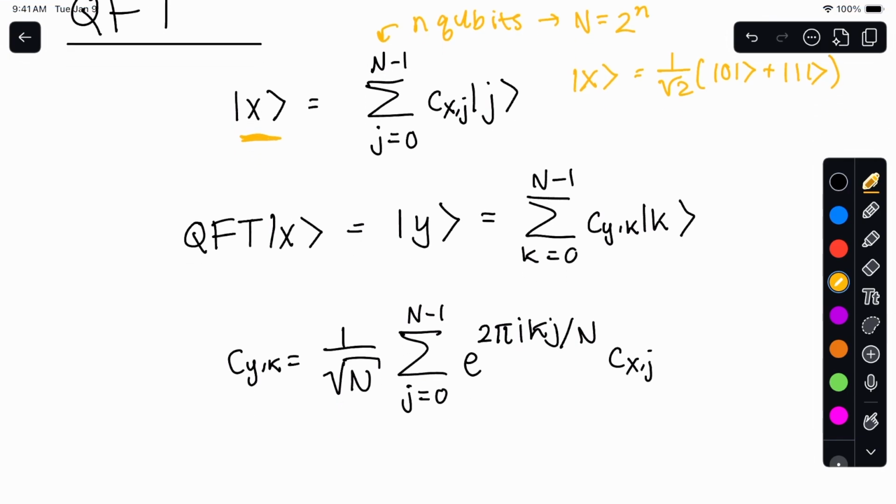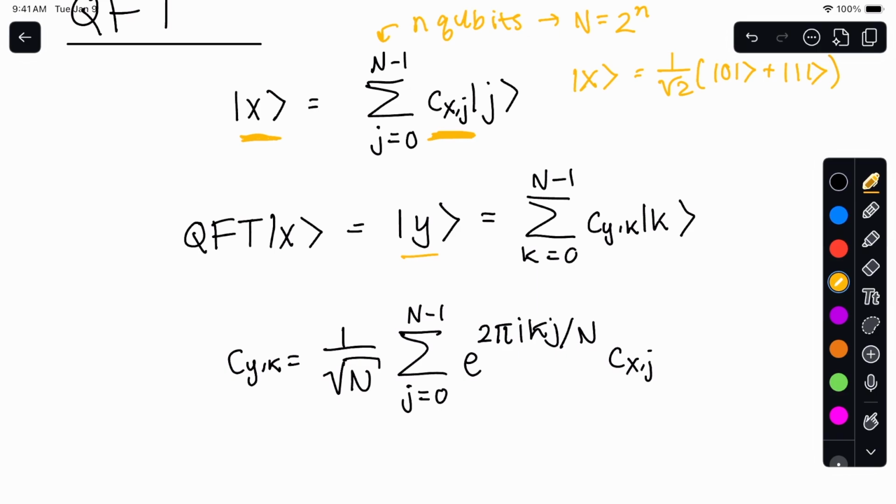When we apply the quantum Fourier transform to a wave function, what's going to happen is the amplitudes in front of the basis vectors are going to receive a Fourier transform. So when we take the quantum Fourier transform of x, we get some ket y, and this is also just a sum over all the basis states.